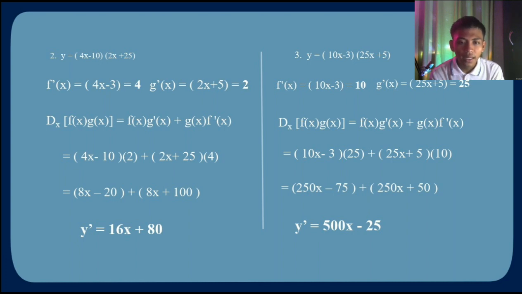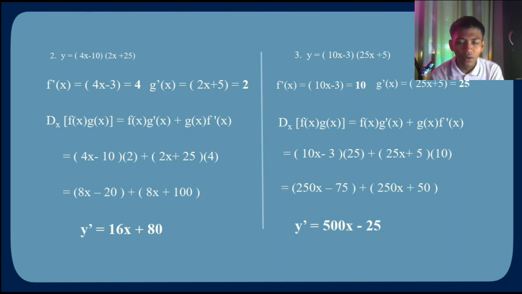The formula is f of x times the derivative of g of x plus g of x times the derivative of f of x. And then we have to copy the value of f of x, which is 10x minus 3. The derivative of g of x is 25, plus g of x, which is 25x plus 5, and then the derivative of f of x is equal to 10.